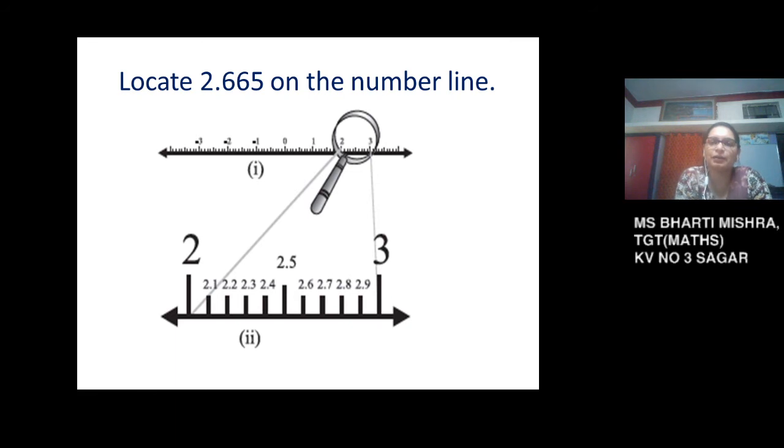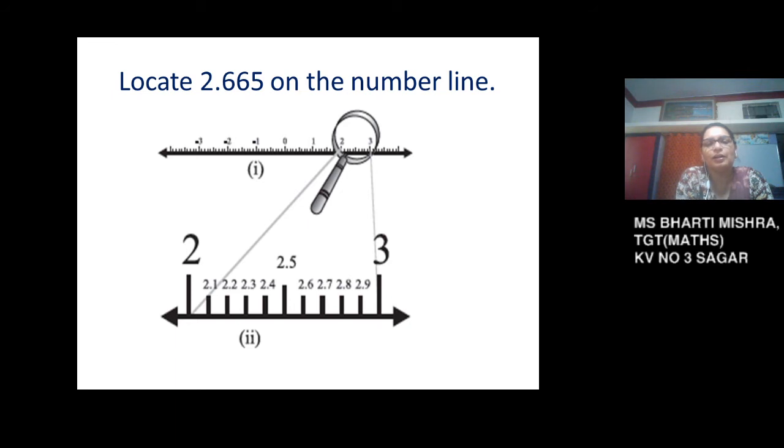So this number 2.665 lies in between 2 and 3. Now on magnifying these two locations on a number line, the enlarged view comes to be the numbers between 2 and 3. The decimal numbers between 2 and 3 are 2.1 till 2.9.